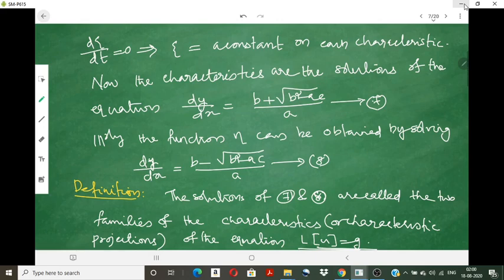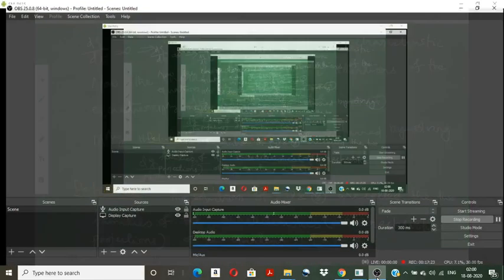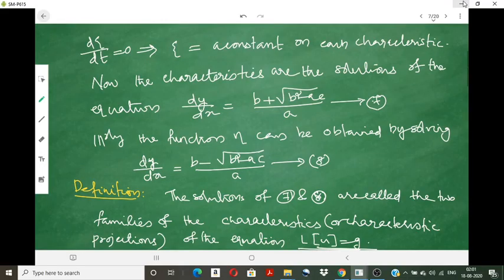So this proves that such functions theta and eta must exist.